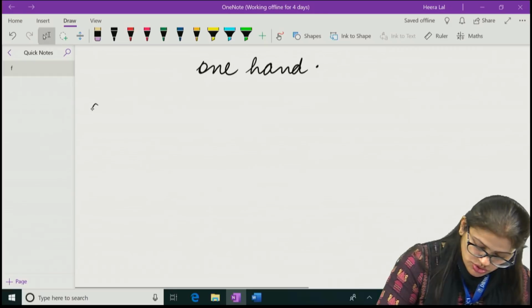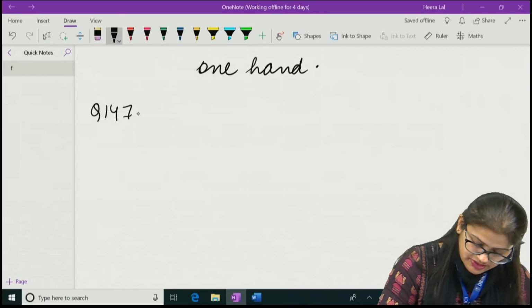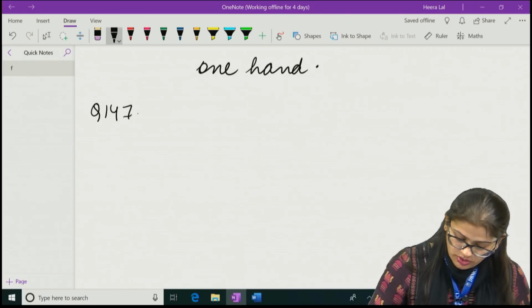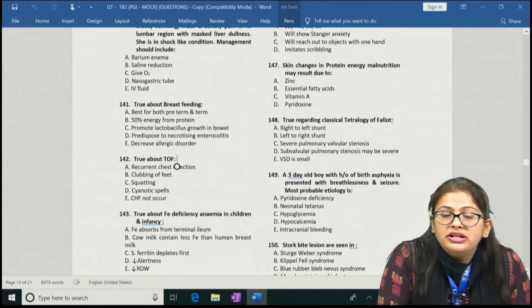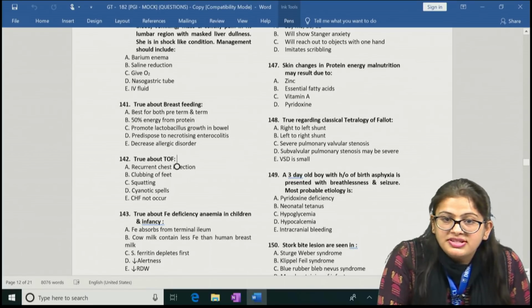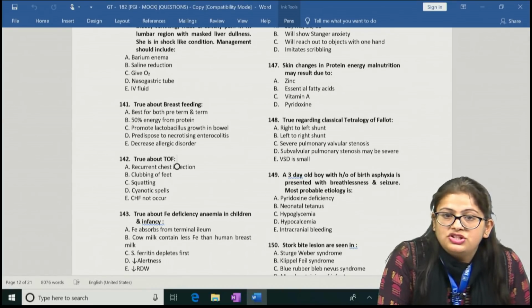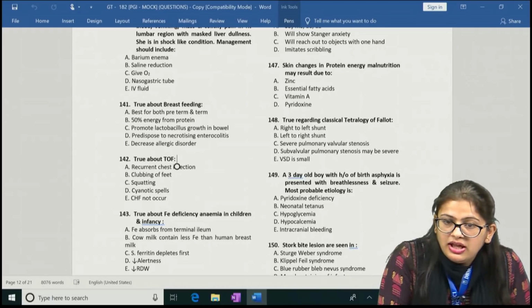So now we come on to question number 147. Question number 147 is, skin changes in protein energy malnutrition may result due to zinc, essential fatty acids, vitamin A, or pyridoxine.